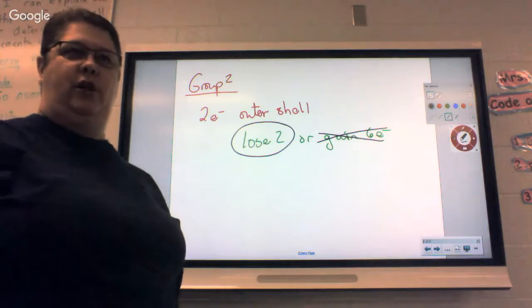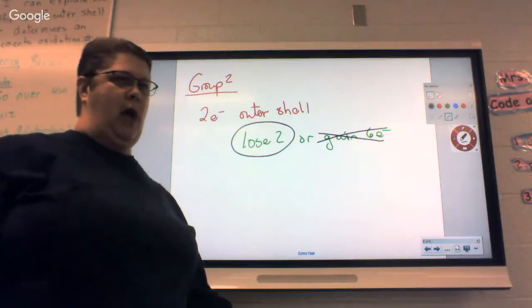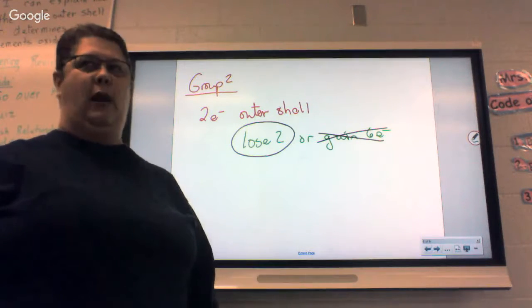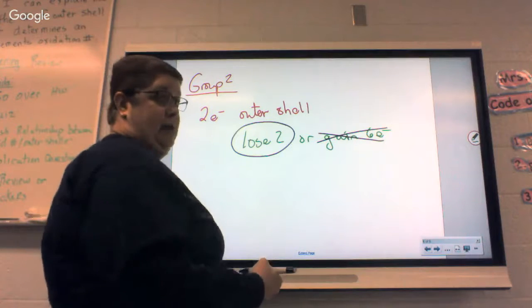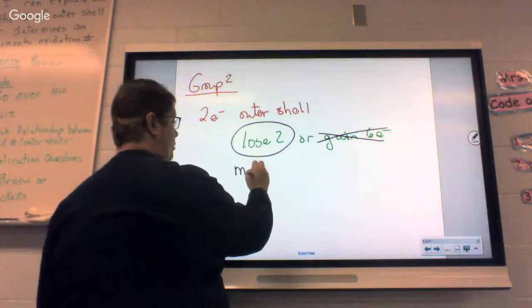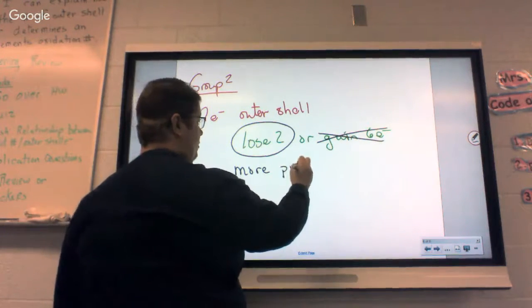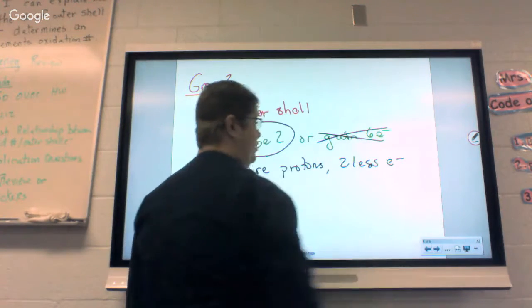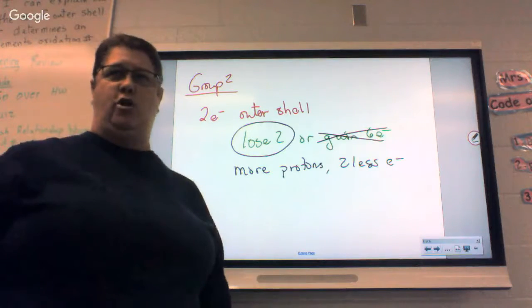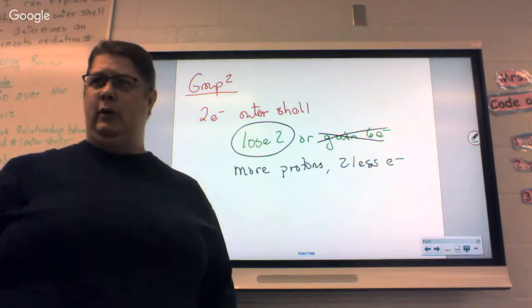So if we lose 2, what do we have more of? Do we have more protons or more electrons? We have more protons because we lost electrons. So there are more protons and 2 fewer electrons. What does that mean about our charge? Are we going to be positive or negative?